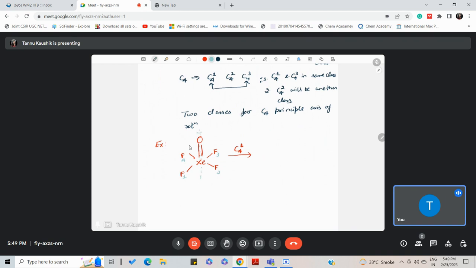The principal axis of rotation, which is C4, is along the xenon and oxygen atoms.